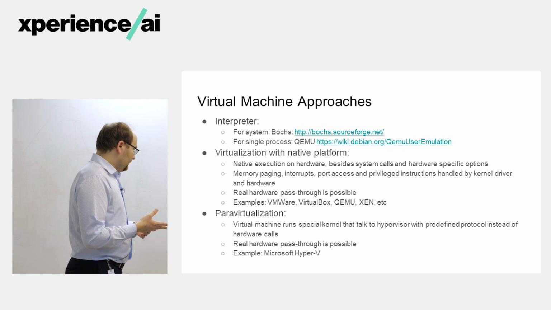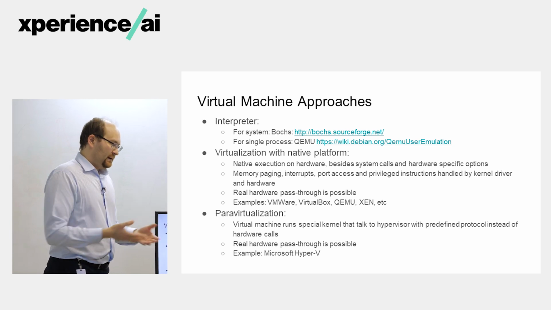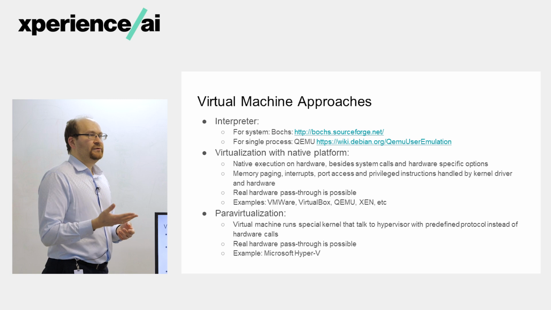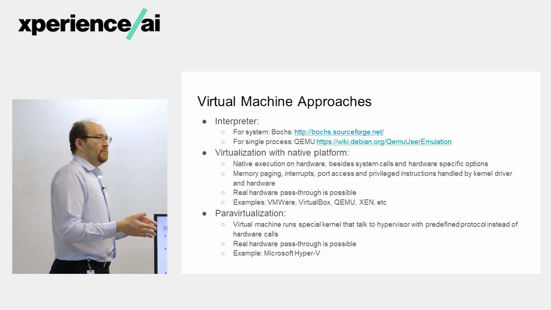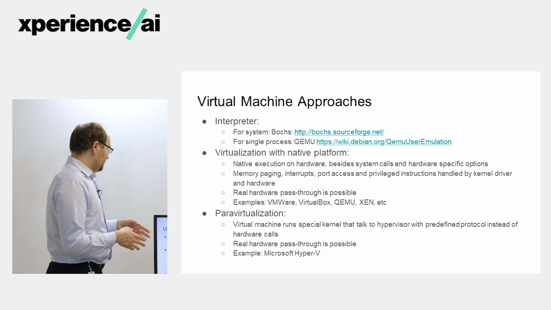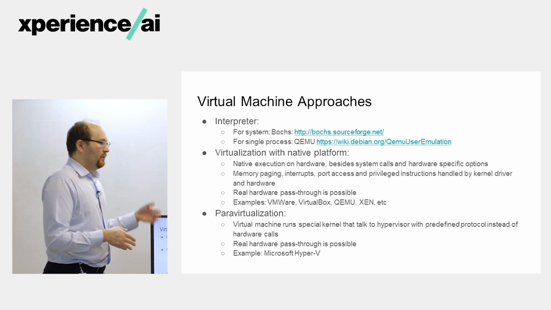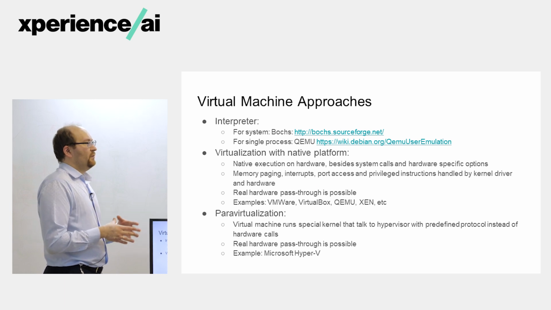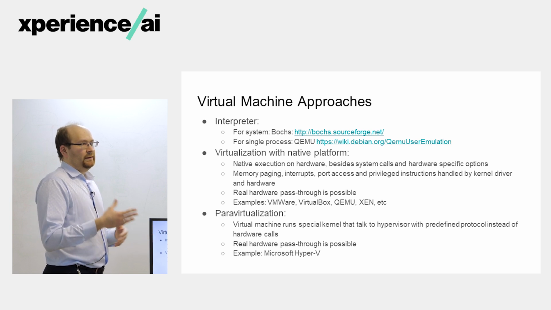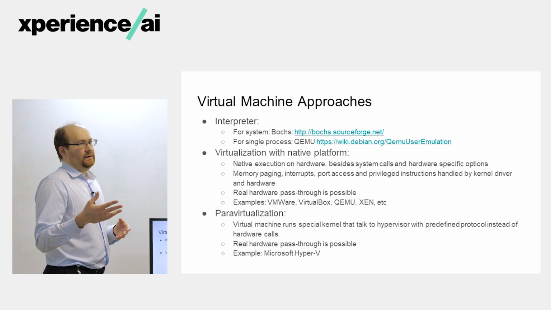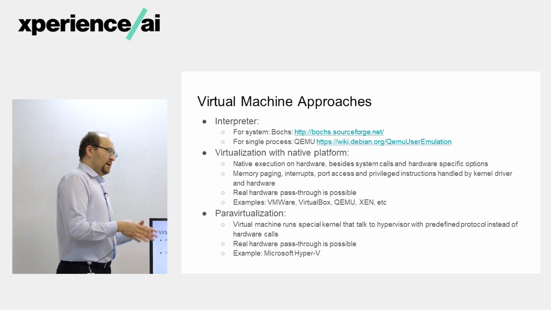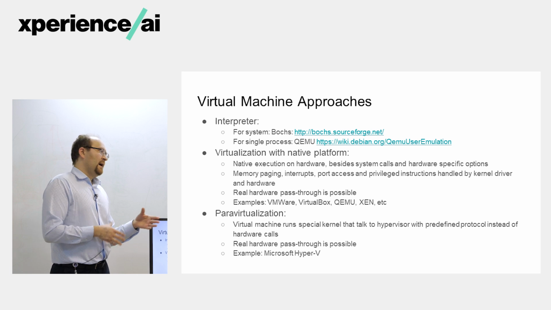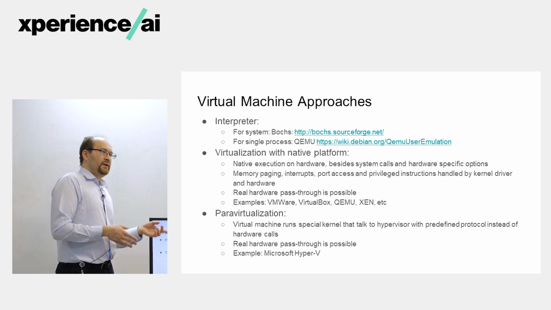Another alternative, if we speak not about an operating system in general but about a single process, for example, if you want to run a program for ARM on your PC or vice versa, is QEMU. I'm not sure if it's a pure interpreter or JIT, but it allows you to run programs for Linux on a non-native CPU. For example, you can run an ARM v7 or ARM v8 program on your PC with this program, and it works in the following way.